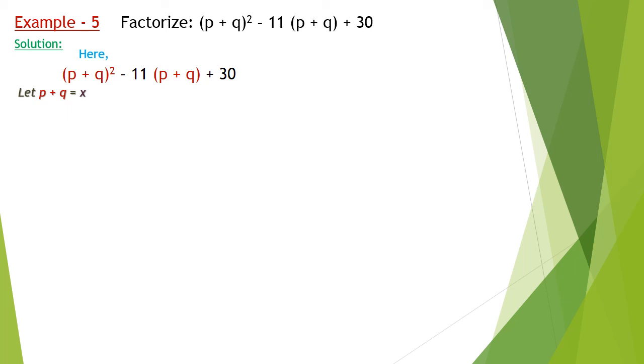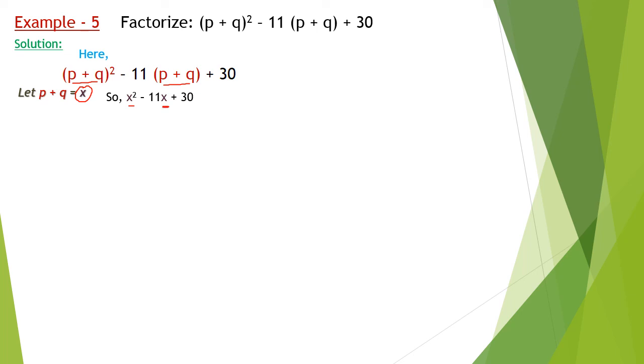It will be easier for us to do the solution and to take common also if we suppose p plus q is equal to x. So our question will be changed to x square minus 11x. Now wherever there is p plus q, that will be replaced by x. Now we have p plus q right here and it is replaced by x, you can see, and where there is an underline that is replaced by x.